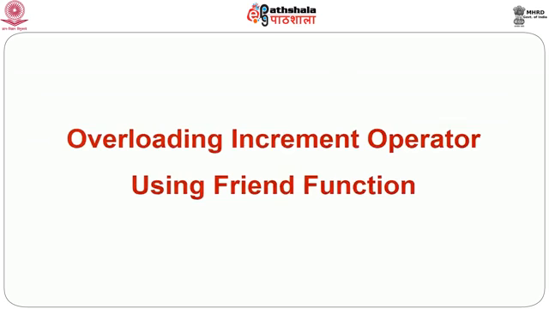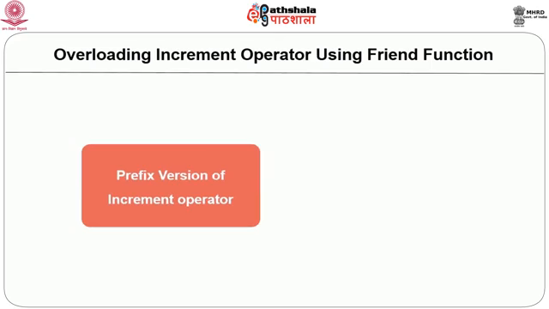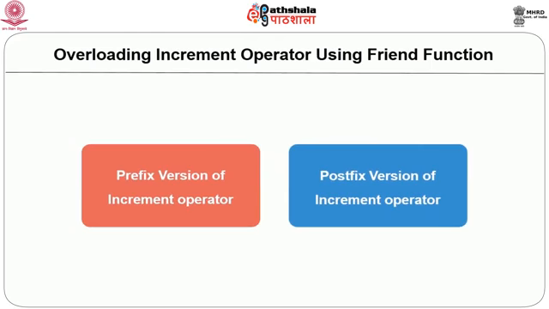You may recall that increment and decrement operators are available in two flavors, prefix version and postfix version. And when we want to overload both versions of these operators, the prototype of both the overloaded functions will be identical, and it is not possible for us to have two functions having identical prototype.